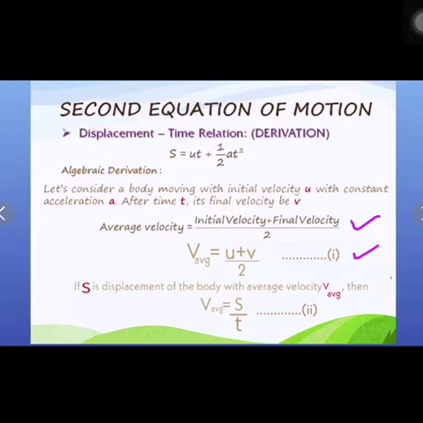Now if s is the displacement of the body with average velocity, then average velocity is equal to total displacement upon time, where s is the displacement. Give this equation number 2.